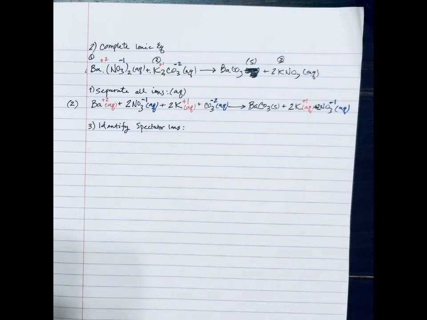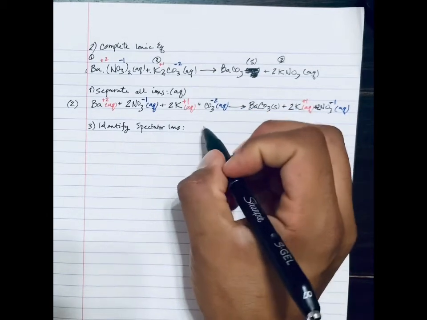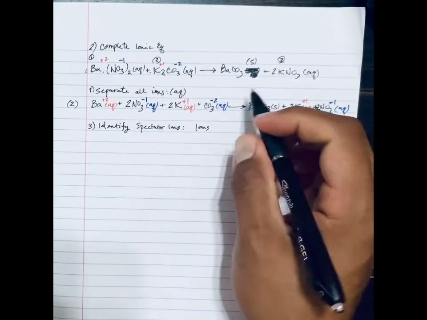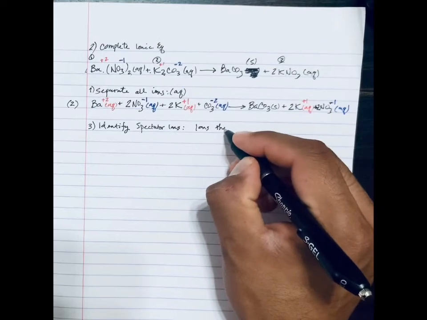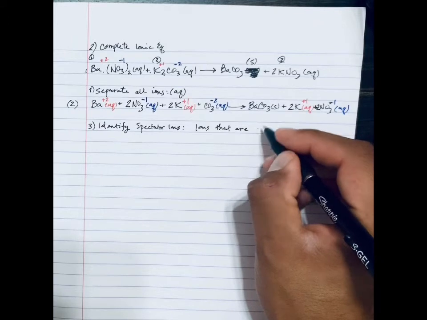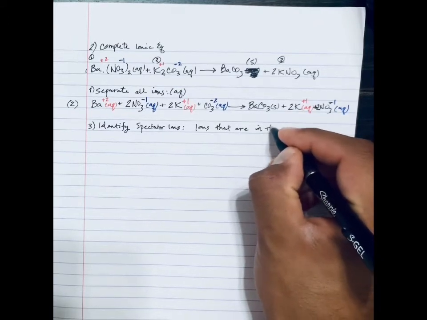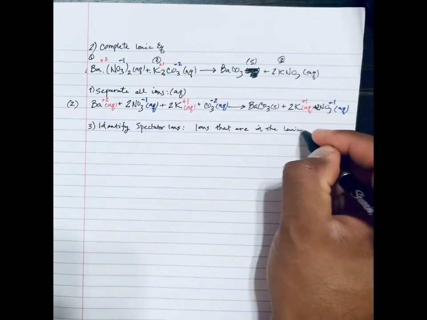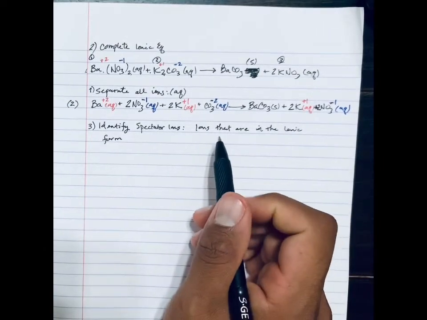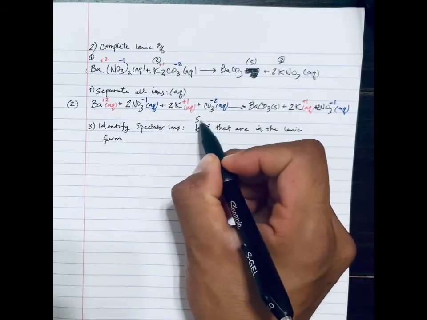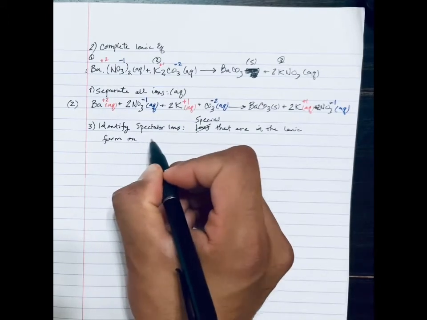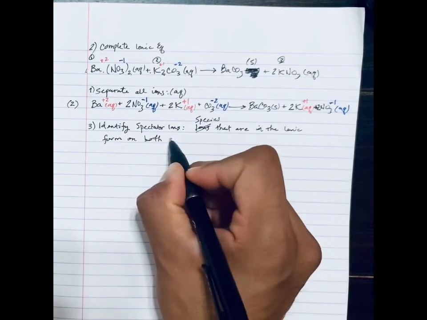So that means that they're gonna be on both sides of the arrow. So how do I identify spectator ions? These are gonna be the ions, kind of redundant, but ions that are in the ionic form, or species I should say, species that are in the ionic form on both sides of the arrow.